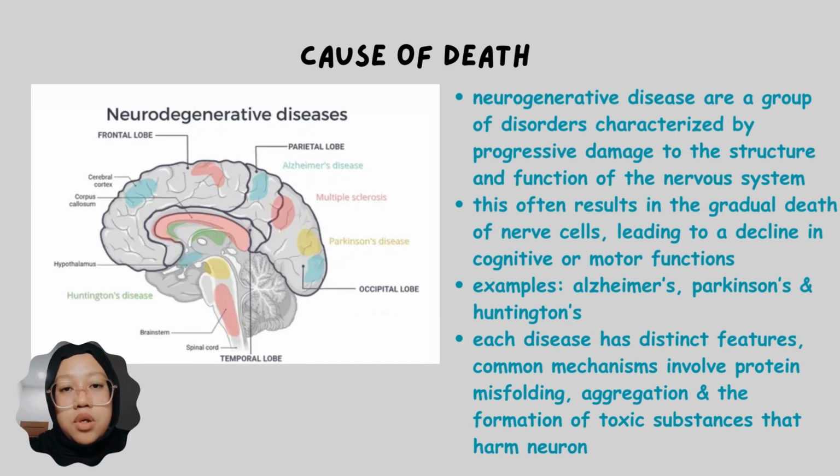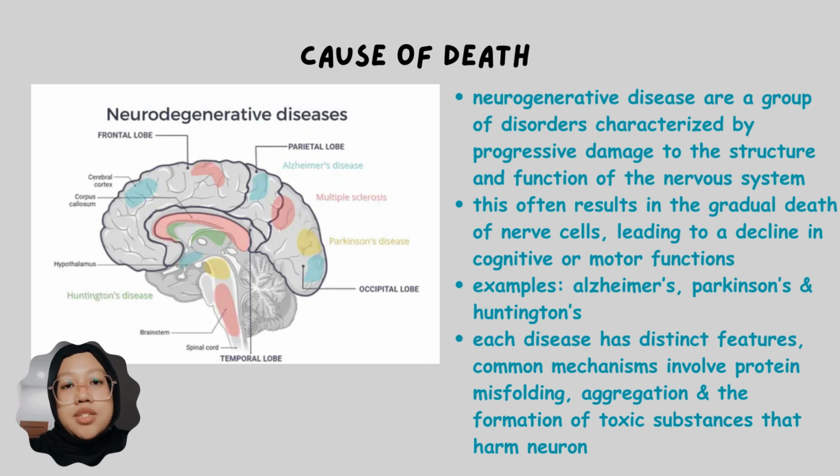Next, I'm going to explain the cause of death of Mohd Dahari, which is a neurodegenerative disease. Neurodegenerative diseases are a group of disorders characterized by progressive damage to the structure and function of the nervous system.